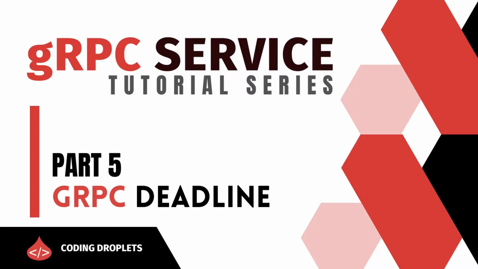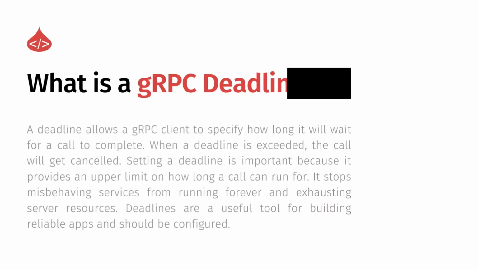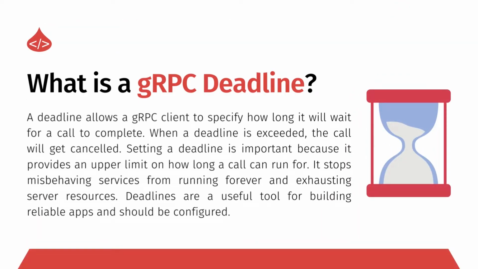Now in this video, we are going to see about the AspNetCore gRPC deadline or gRPC C# deadline. So first let us see what is a gRPC deadline. A deadline allows a gRPC client to specify how long it will wait for a call to complete. When a deadline is exceeded, the call will get cancelled.